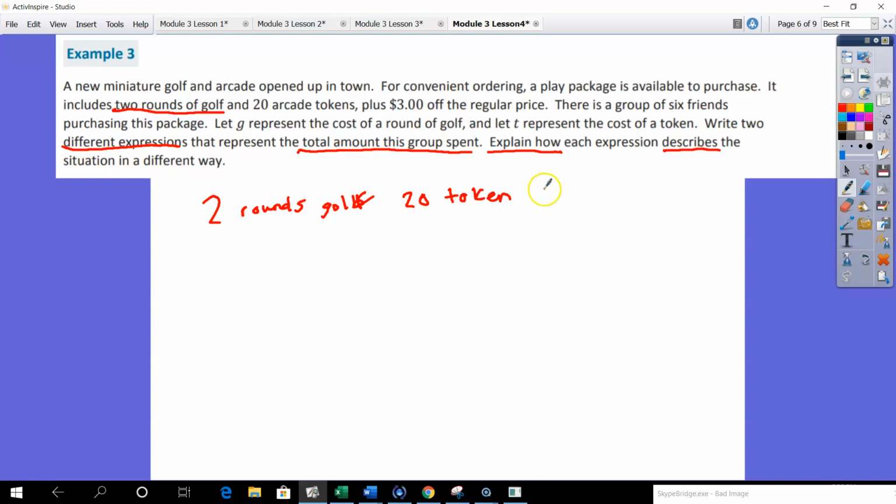Plus, we're getting $3 off. I shouldn't have both the negatives on it. So, $3 off.